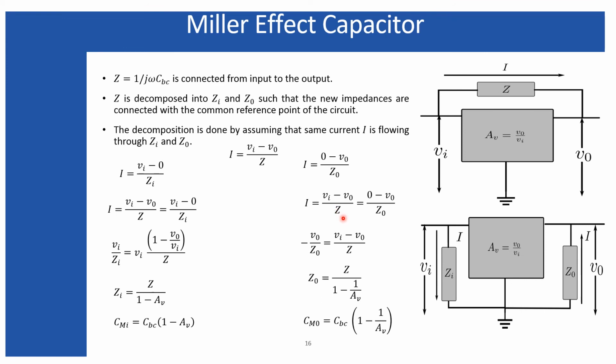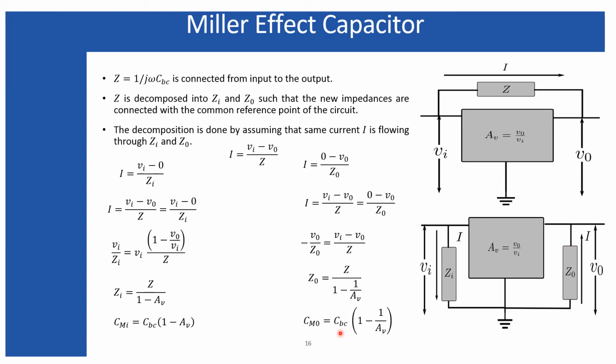Similarly, if you do the similar kind of analysis by equating these two equations and taking V0 common in this case and writing V0 to Vi as AV, we can have the output capacitor as CBC times 1 minus 1 by AV, and that capacitor we can connect between the output node and the common reference point.